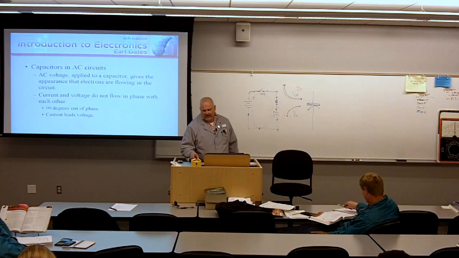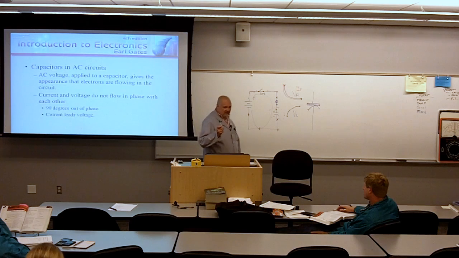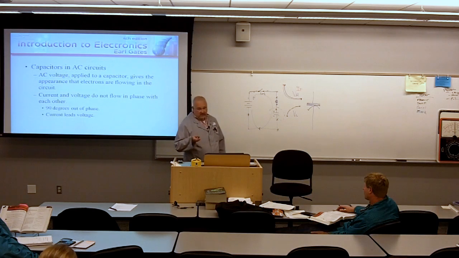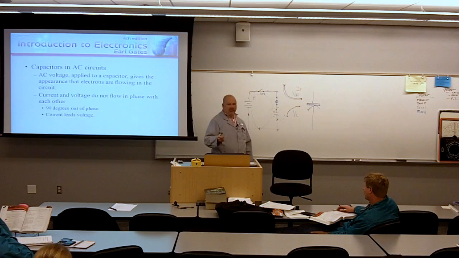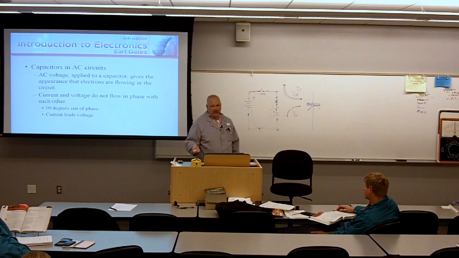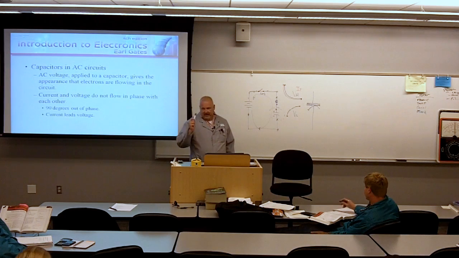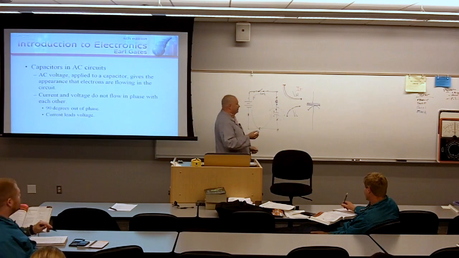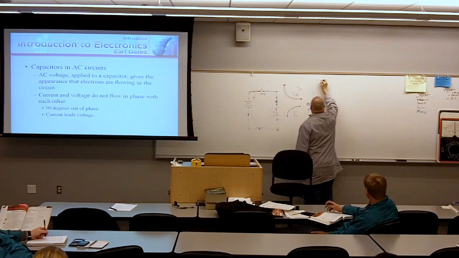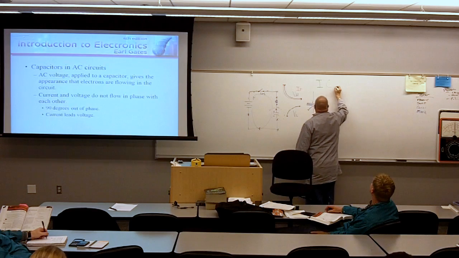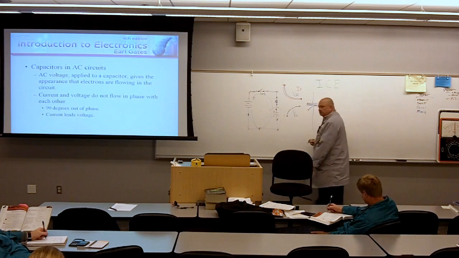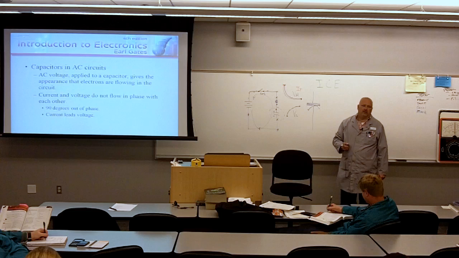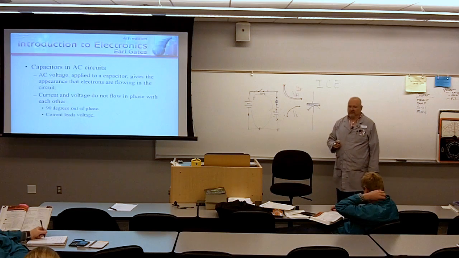Now, when you're dealing with capacitive circuits, like this one, there's a word I want you to remember. And I want you to put this word on your scrap paper anytime you take a quiz, an examination, anything like that. The word is ICE.